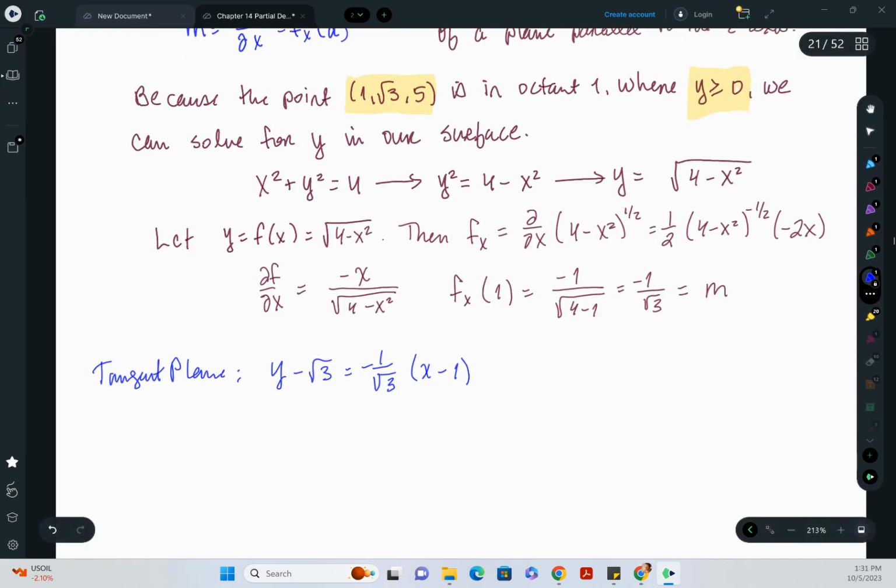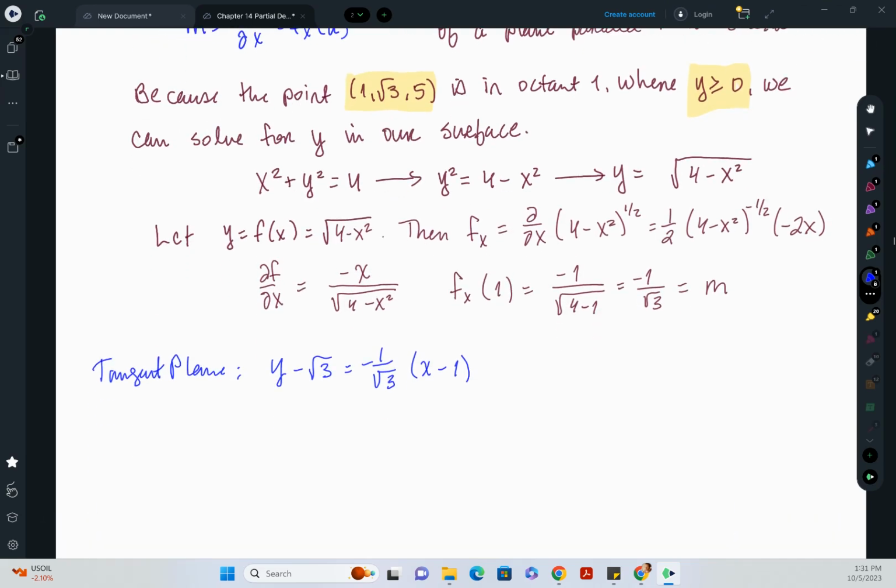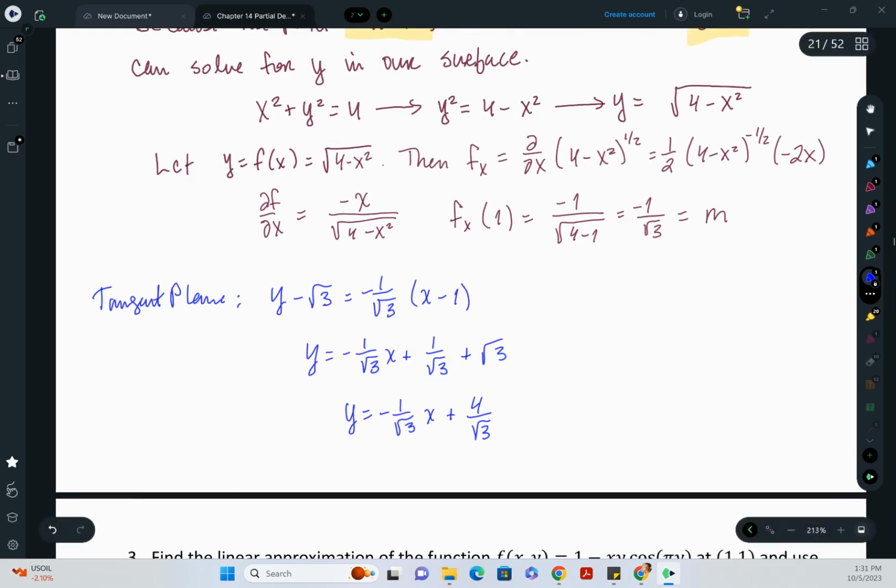And then that's it. We can simplify this, of course. We'll distribute and solve for y. y is equal to negative 1 over square root 3 x plus 1 over square root 3 plus the square root of 3. And that simplifies to y equals negative 1 over square root 3 x plus 4 over the square root of 3.